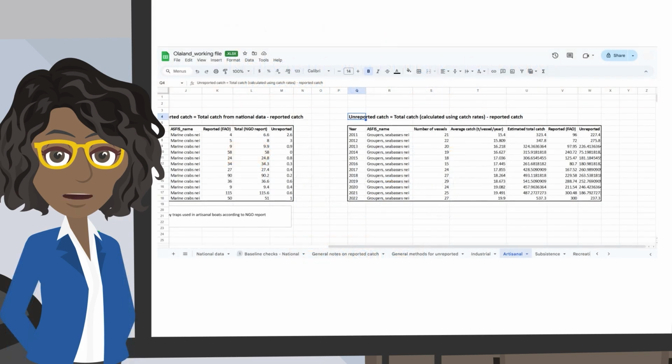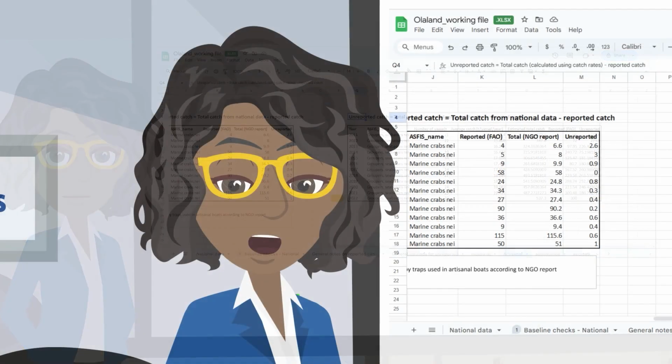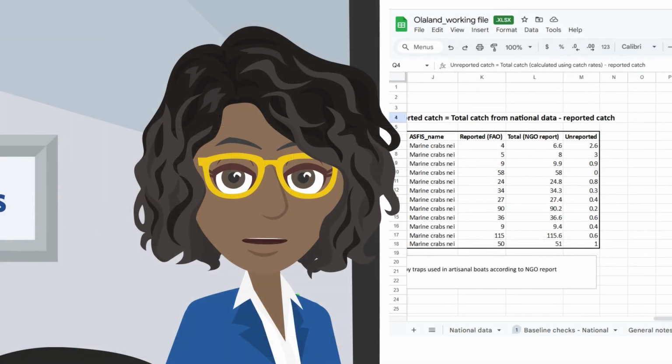One final option is to apply a catch per unit effort measure to the number of vessels or the number of fishers and associated effort measure, as I have shown earlier to calculate unreported catches for groupers. So, by multiplying the number of vessels by the average catch per vessel per year, I got total catch.